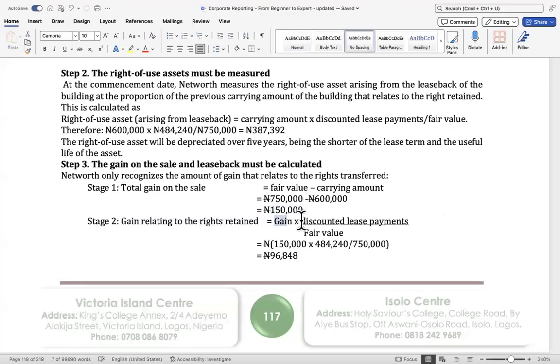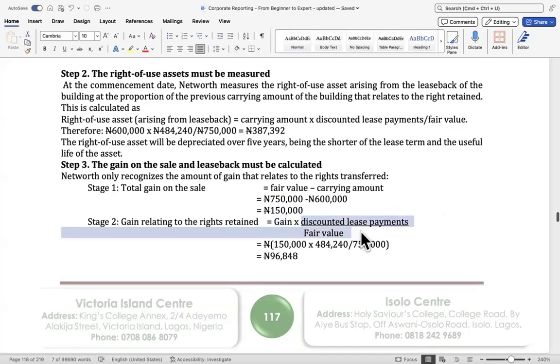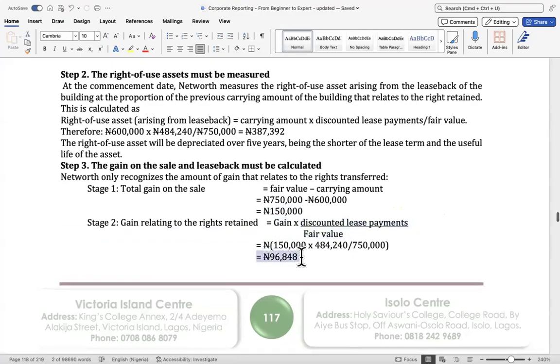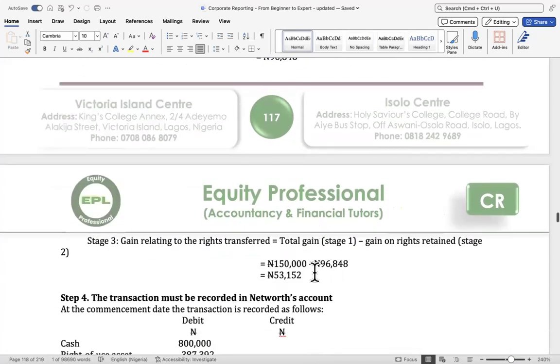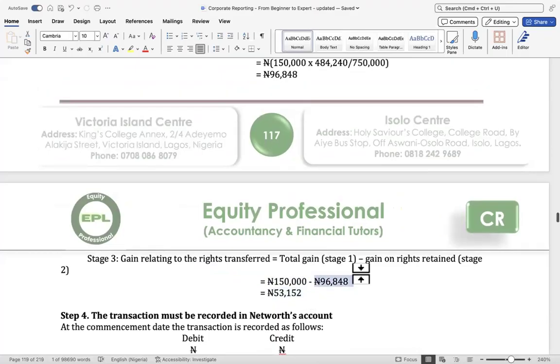So it will be total gain multiplied by discounted lease payment over fair value. So I'm saying 96,848 should be removed from that total gain, so what goes to P&L is 53,152, which is the total gain minus the gain on right retained. And that is it.